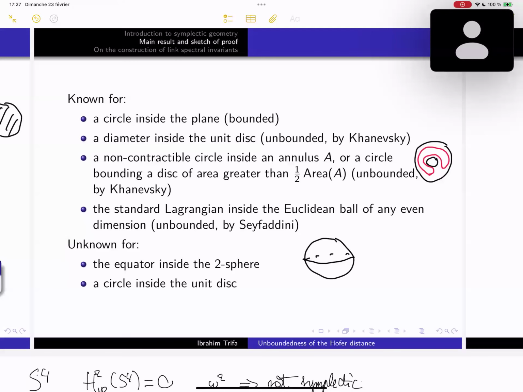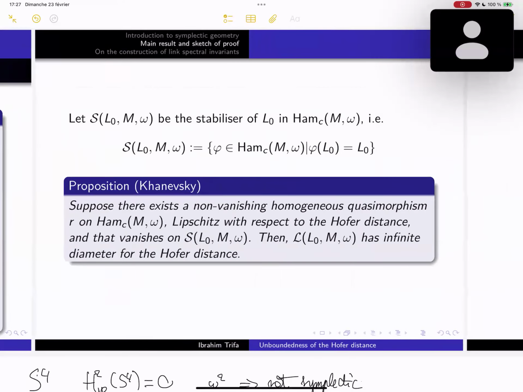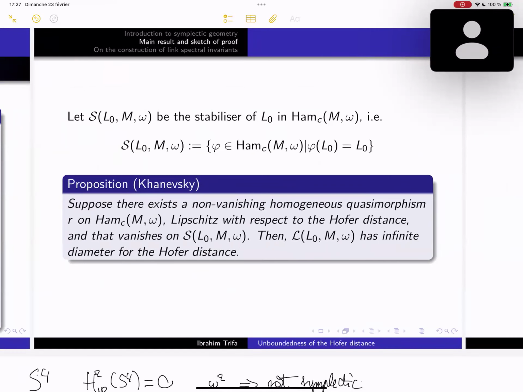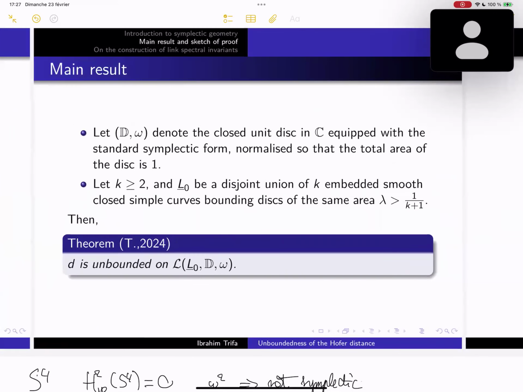So maybe, well, I was planning to show this first result, but maybe I should already state what my result is. So what I showed is, in my case, I will consider as a symplectic manifold the unit disk equipped with the standard symplectic form, so the standard area that you normalize so that the disk has area 1.